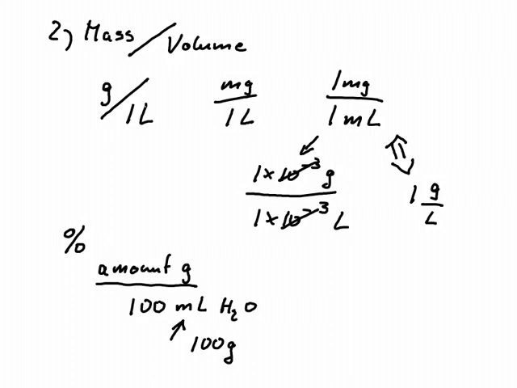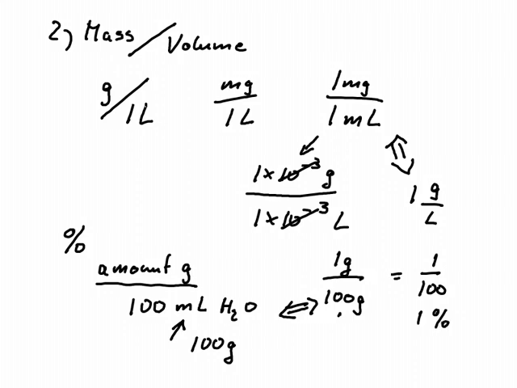So if we've got 1 gram of substance in 100 gram of water, which is equivalent to 100 milliliter, then we can write this as 1 per 100, and this can be expressed as a percentage, so this would be 1%.